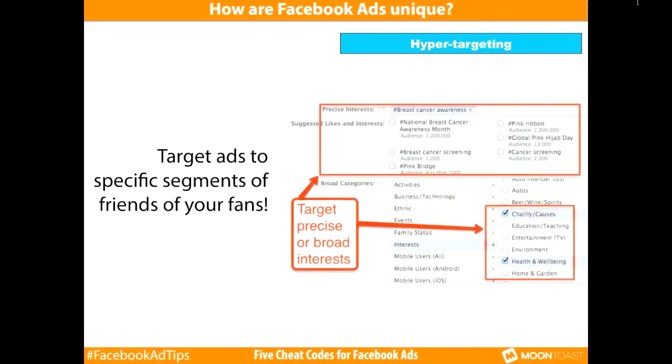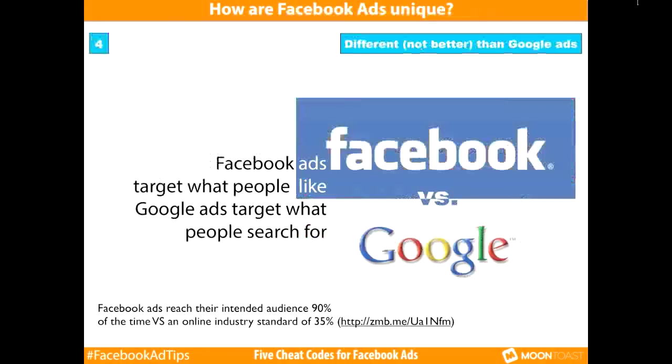Here's just a screenshot of some of the targeting options. There are precise interests that you can use, various keywords. You can even target the fans of a competing Facebook page. These are just some of the targeting options. There are so many, and Facebook keeps coming up with more and more options for marketers and advertisers.